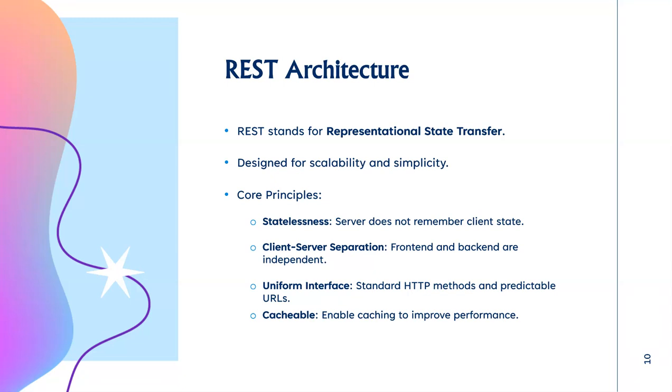APIs use consistent URLs and methods like GET and some meaningful URLs. The fourth one is cacheability. Responses can be cached, making everything faster. Following these rules ensures your APIs are not just functional but also elegant.